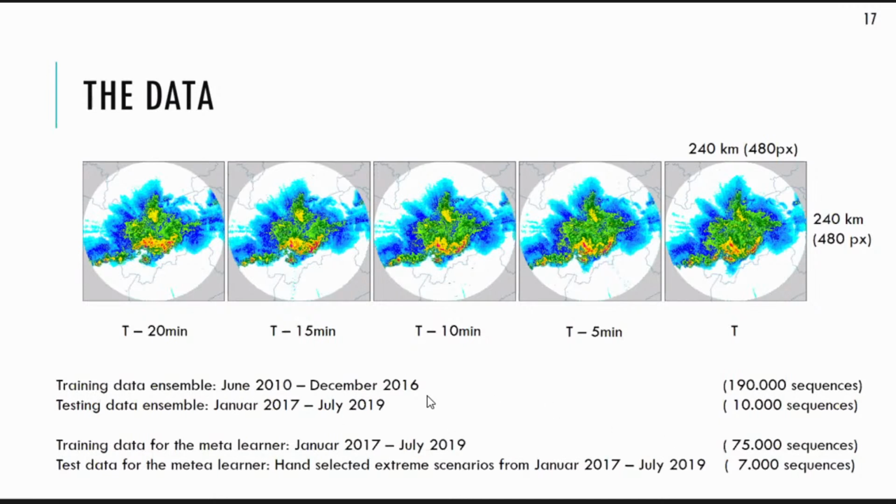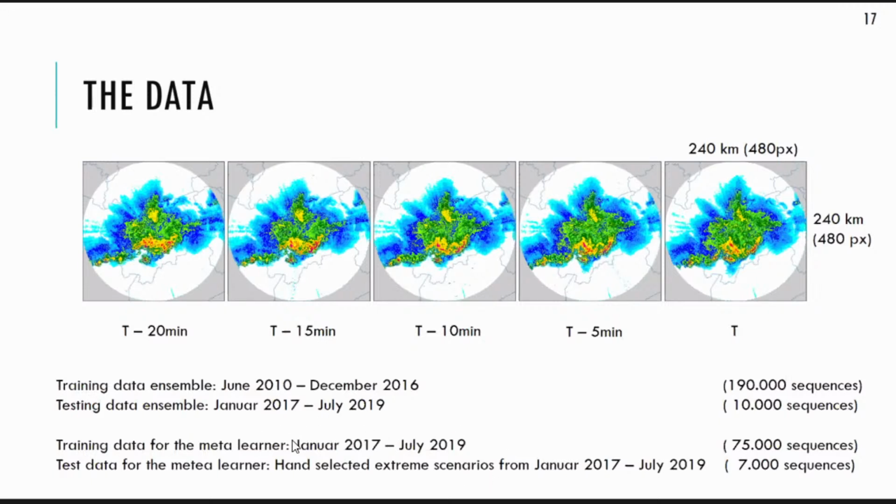extracted these sequences. One sequence is one training target, you can say. And so they have 190,000 sequences for training the ensemble members. Then they would validate them on 10,000 sequences each. For the meta-learner, the model that comes after the ensemble models, they used the time after 2017.